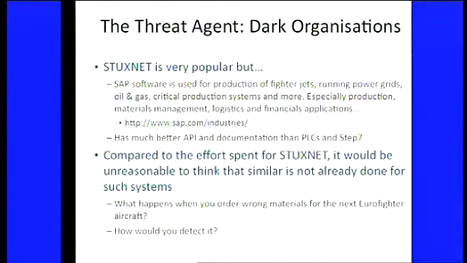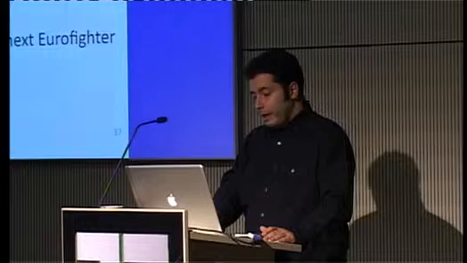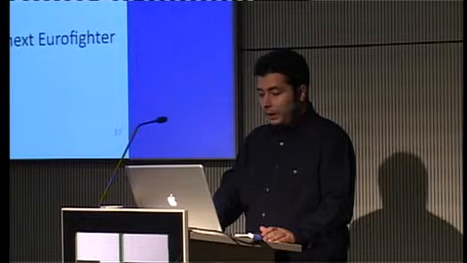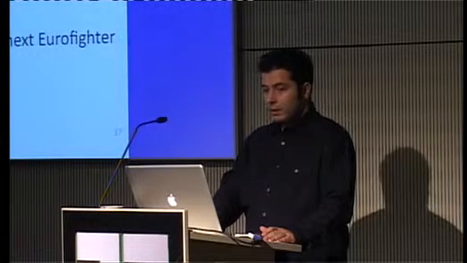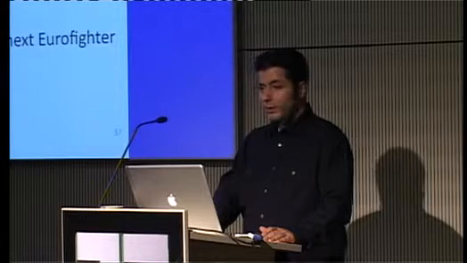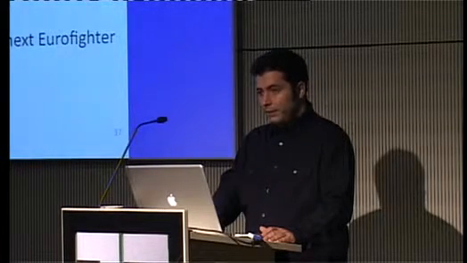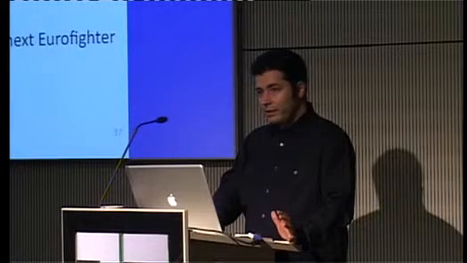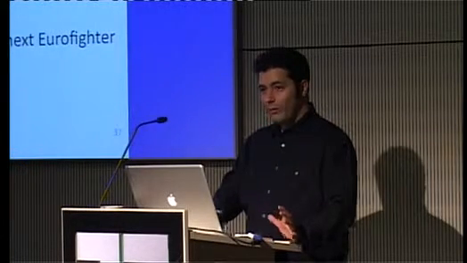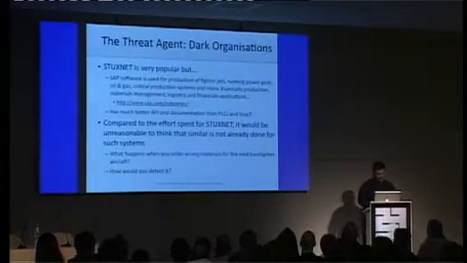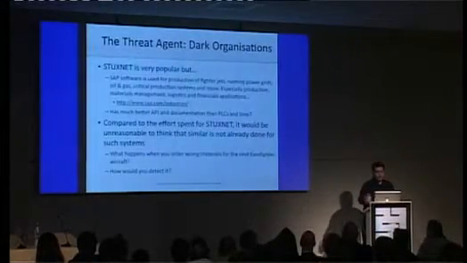So I would say, from my experience, it would be unreasonable to think that something similar to Stuxnet is not already done for such systems. And imagine the next Eurofighter aircraft with the CCC logo on the wing. And the question is, how would you detect it?